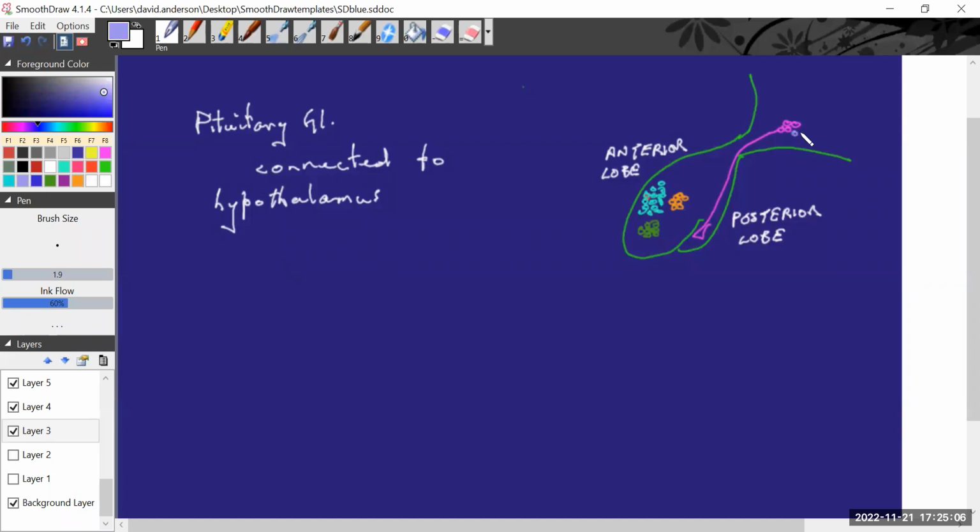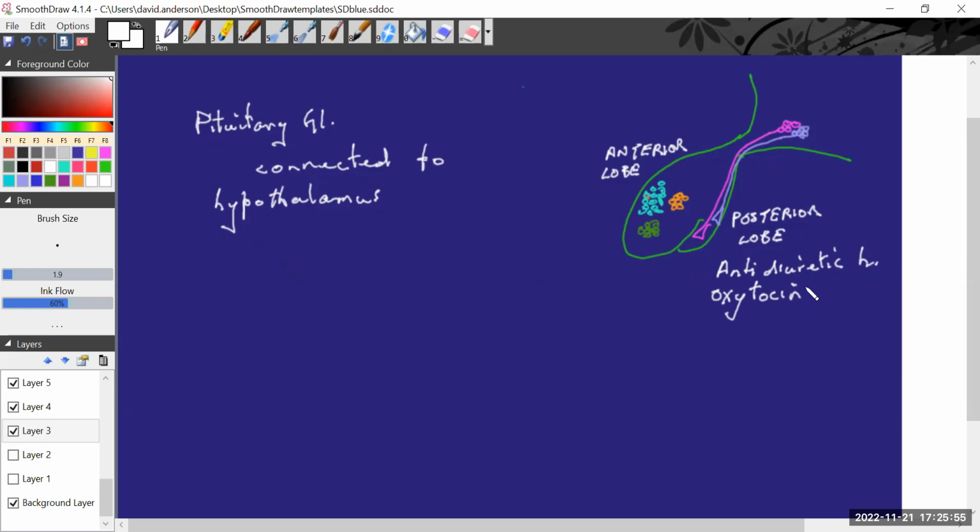And there were two distinct groups of neuroendocrine cells that finish in the posterior lobe, and they have axonal endings that instead of containing neurotransmitters, they contain hormones. Posterior lobe, those hormones were antidiuretic hormone, and oxytocin. So they are stored in the posterior lobe, but they're produced in the hypothalamus.